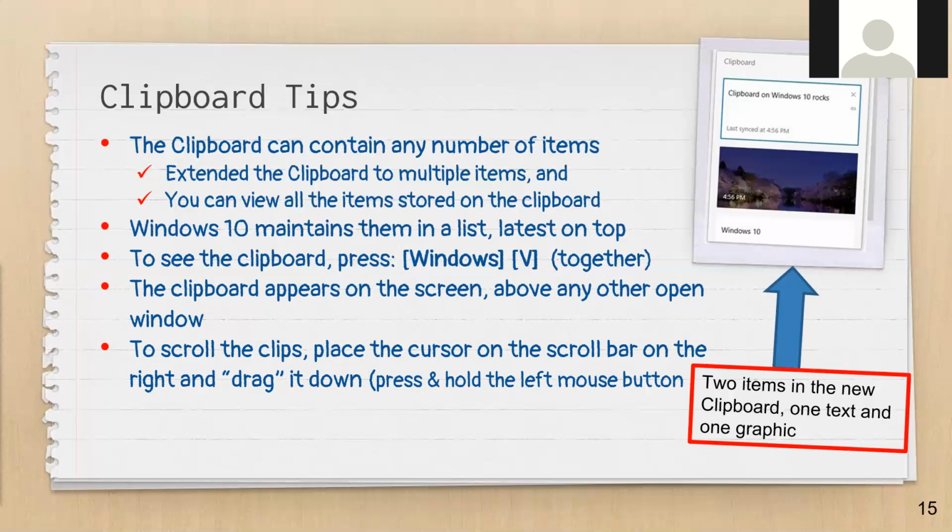When you point at it, it actually opens up, and then there's a dark gray rectangle, and that's the scroll bar itself. So you can point at that, hold the left mouse button down, which grabs it, and move it up and down, and you can see all the stuff that you copied.